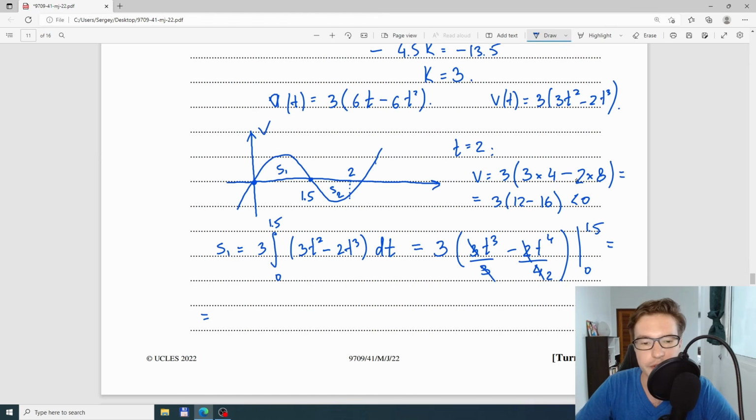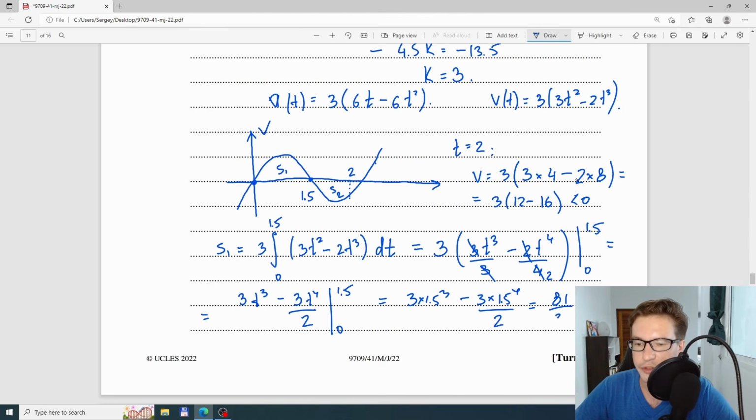Let's simplify it a little bit. So we got 3t cubed minus 3t to the power 4 over 2 from 0 to 1.5. Now substitute the upper limit and the lower limit. Get 3 times 1.5 cubed minus 3 times 1.5 to the power 4 over 2. And we got 81 over 32.